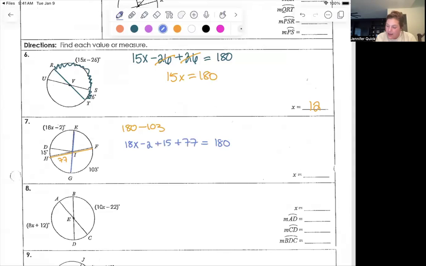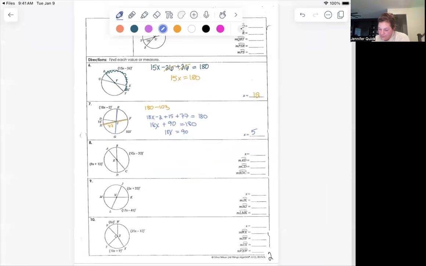So we got 77 plus 15 minus 2, that's going to be 90. So I'm going to subtract 90, and that's going to be 90. And then I've got 90 divided by 18, which is 5. Okay? Coolio? All right.